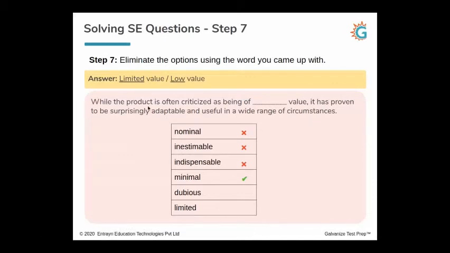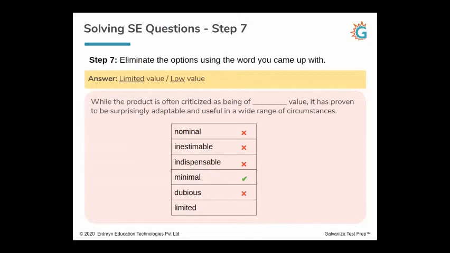We are not talking about how suspicious the product is or how reliable the product is. If there was a word reliable here, then dubious would have been the right answer because we're looking for opposites. But the clue talks about adaptable and useful in a wide range of circumstances, whose contrast is not adaptable, fixed, rigid, or something like that.